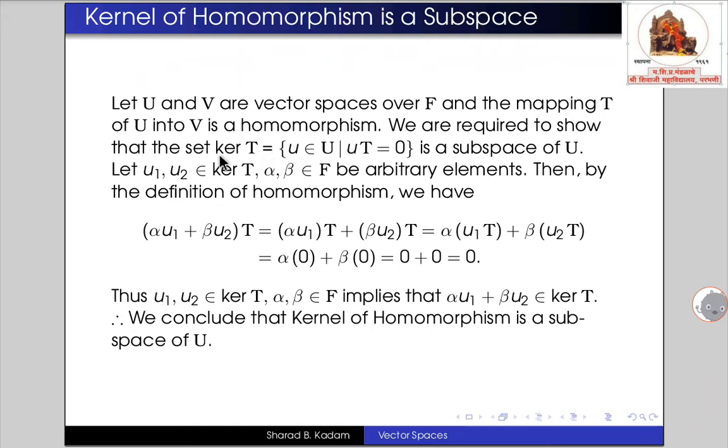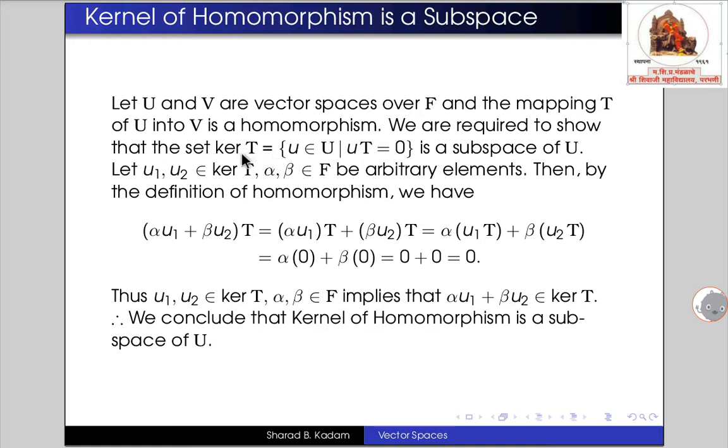Next, this is the set kernel of T, where T is a homomorphism. In the kernel of homomorphism, we have elements from the domain space U such that the elements map to 0. Means what?